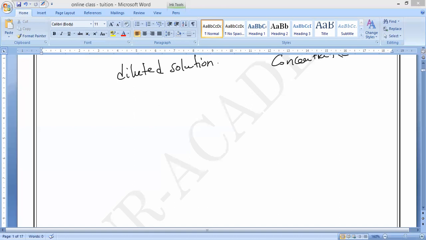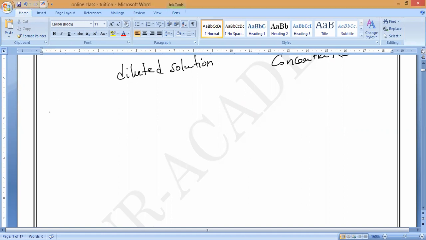How to find the concentration of a given solution: the concentration of a solution is the amount of solute present in a given quantity of the solution. That's all.